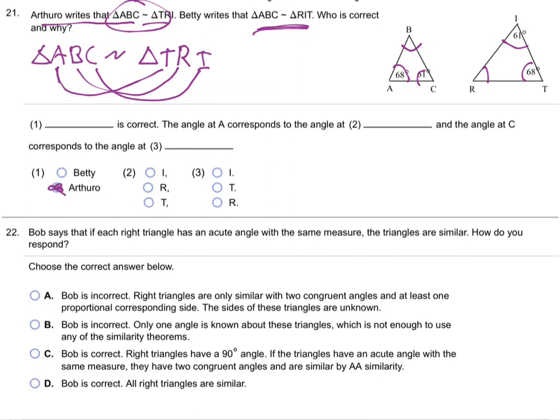So Arturo is correct because A corresponds with T, and C must correspond with I. Arturo. There we go.